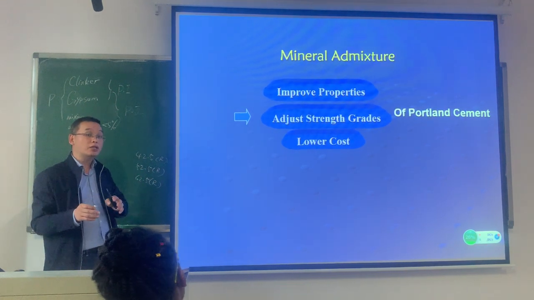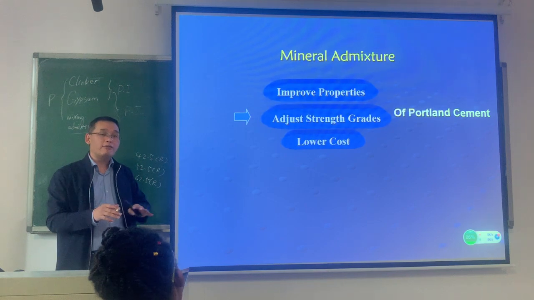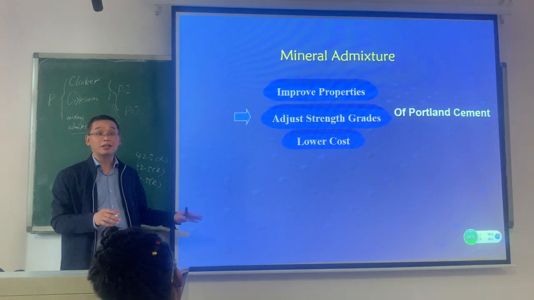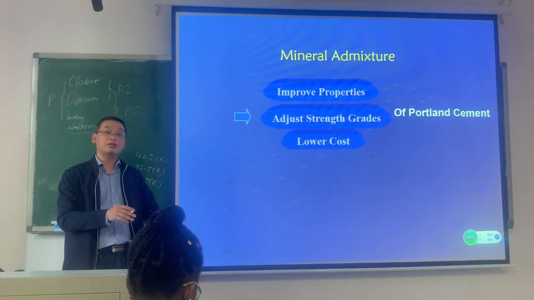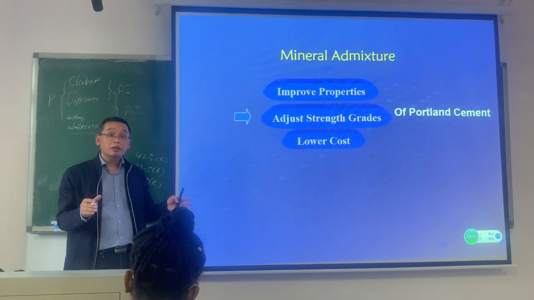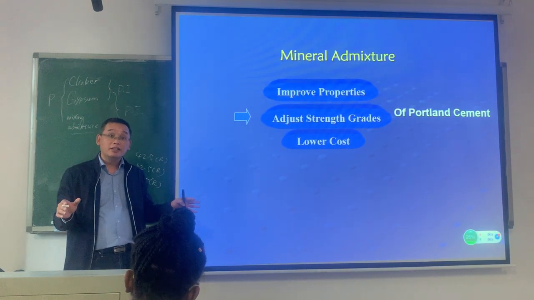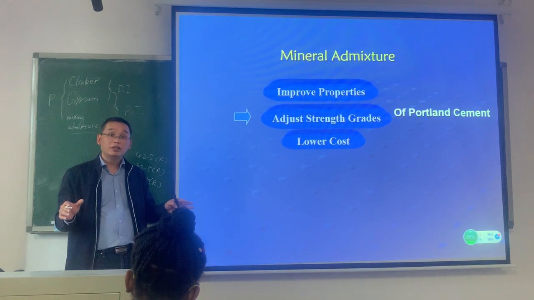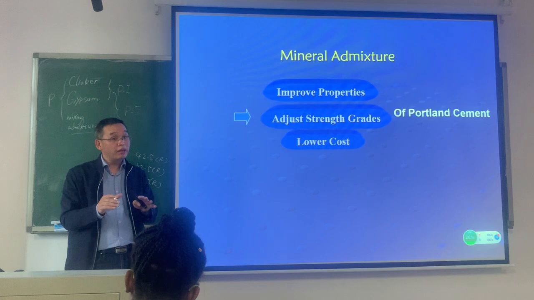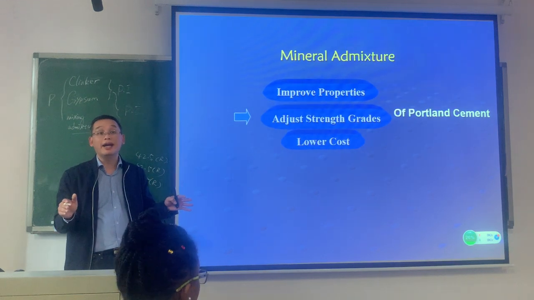For example, if we want to construct a very simple concrete road in a rural area, in a small city or town, there are no heavy trucks traveling there, so the strength of the road may not need to be very high.